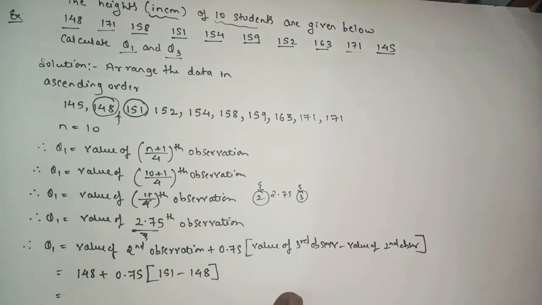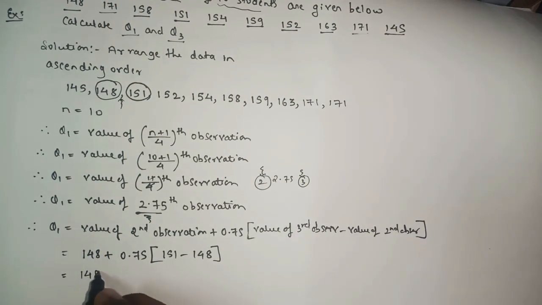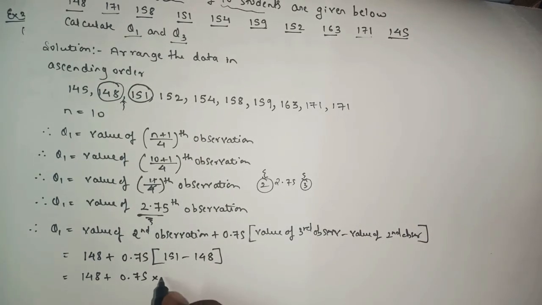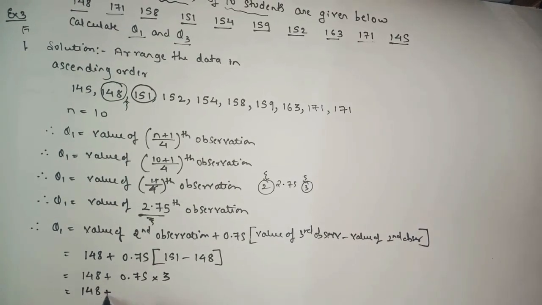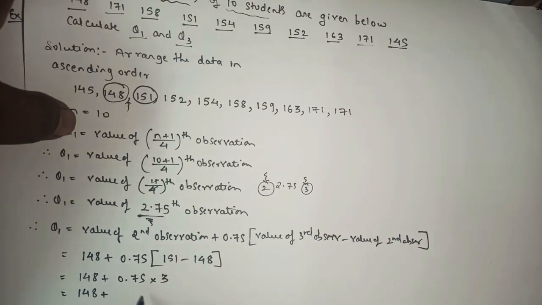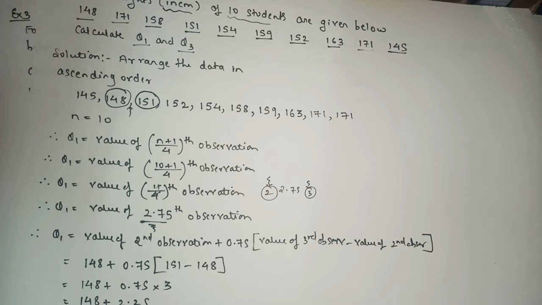Then after that, 148 plus 0.75. Yes or no? So 151 minus 148, you will get 3. So 148 plus 0.75 into 3. 3 5s are 15, 18 to 20, 2.25. Yes or no? So when you multiply, you will get 2.25 as the answer.